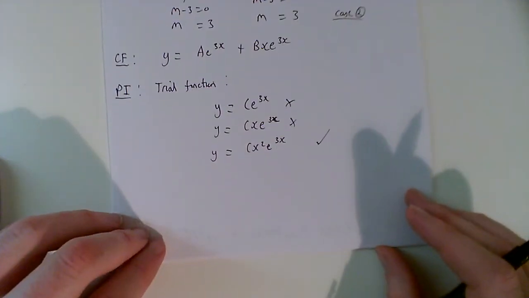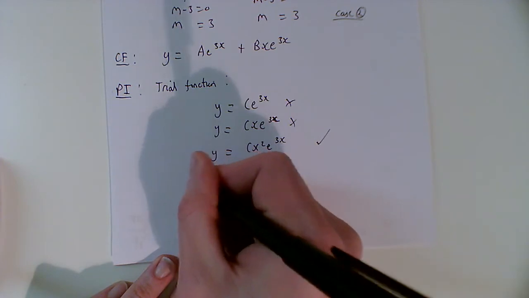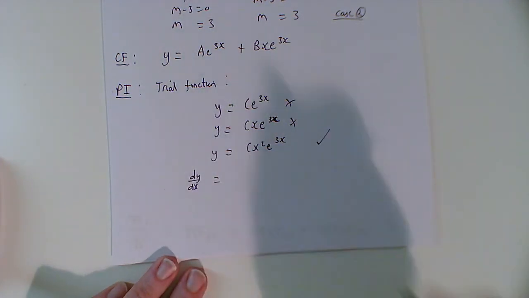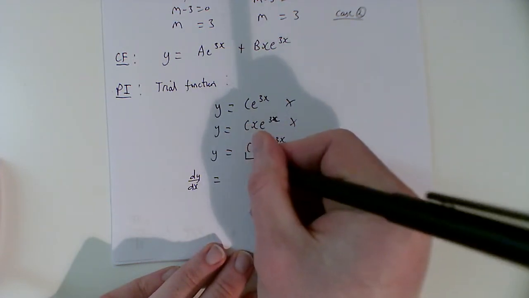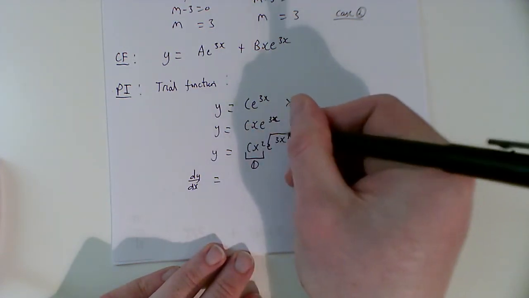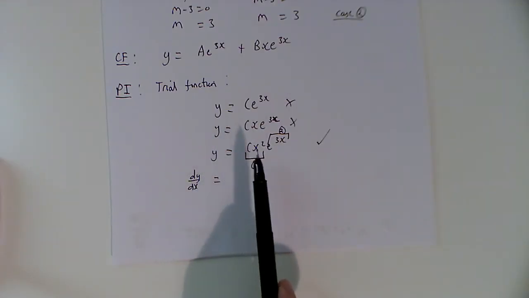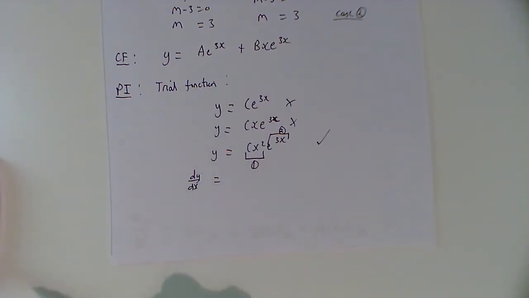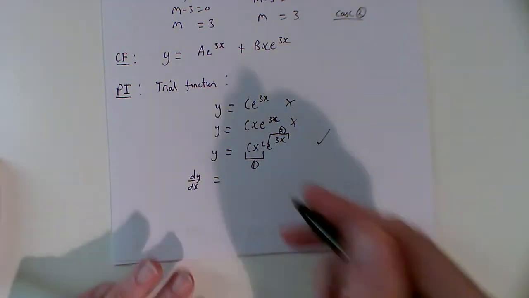So, first thing, I've got to differentiate it. And unfortunately, just like the last one, it is going to be the product rule. Because I've got a function with x in it, cx squared, and that's multiplying a second function with x in it, e to the power of 3x.